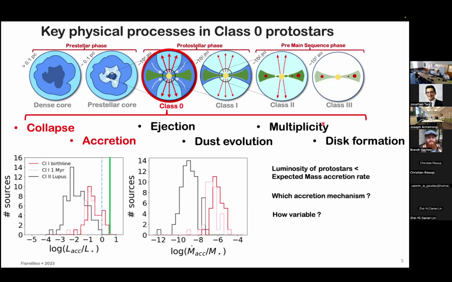Ultimately, we also want to measure accretion onto the central object. Several techniques are possible, but young protostars make it very difficult because they're super extended, so measuring the accretion is challenging.